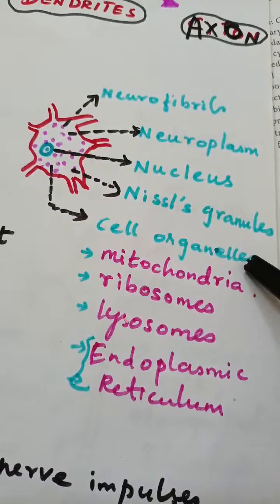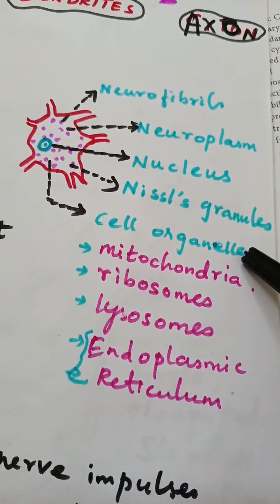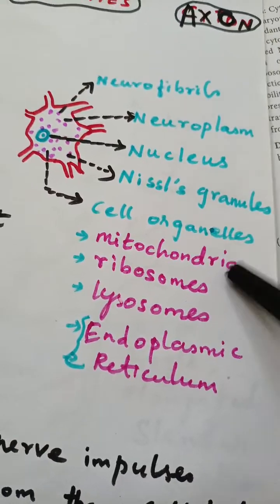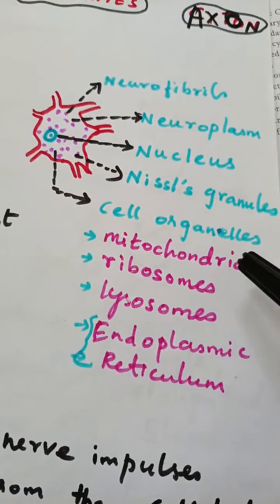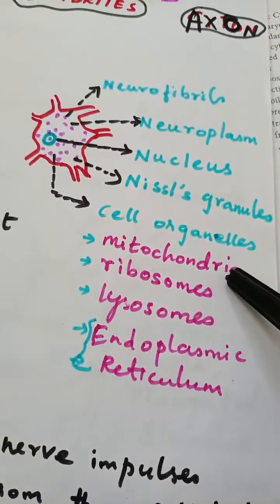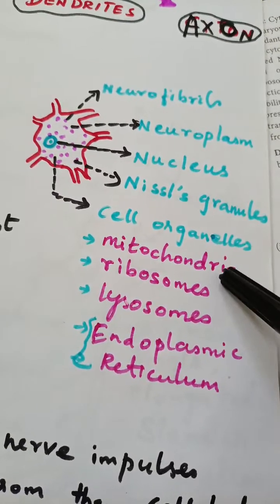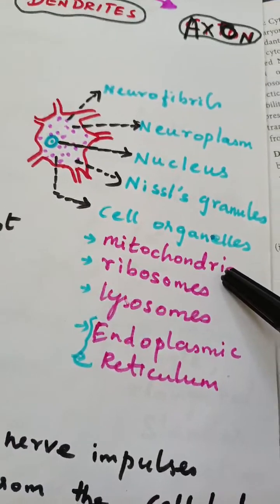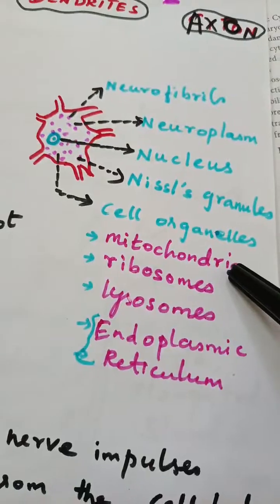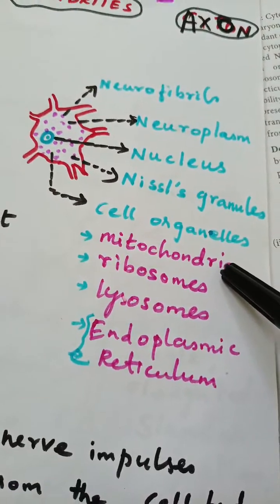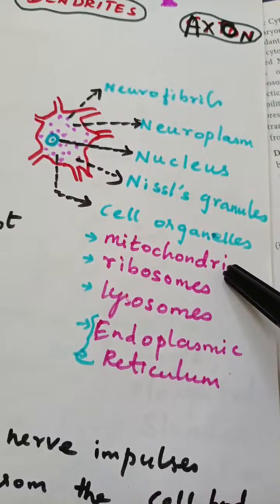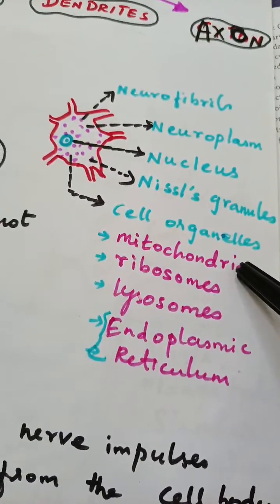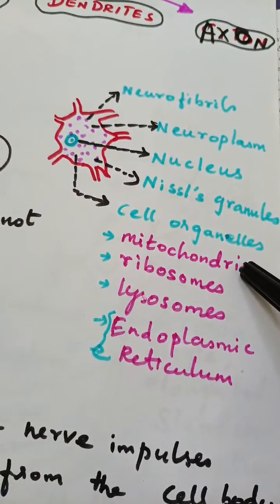And as usual, all the cells contain cell organelles, no? Similarly, the neuron cells also have some organelles like mitochondria. It's the powerhouse of the cell, isn't it? Mitochondria is the organelle which gives energy to living organisms. We eat food, that food will be digested, and finally it will be converted into simple components like glucose. If it is a carbohydrate it means glucose, if it is a fat it means fatty acid and glycerol, if it is a protein it means amino acids.